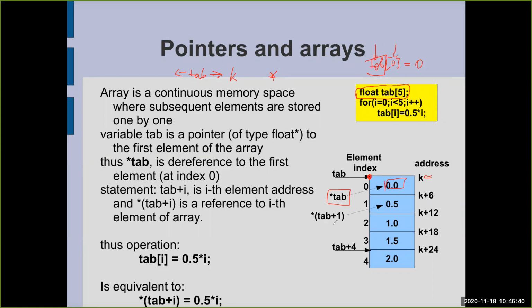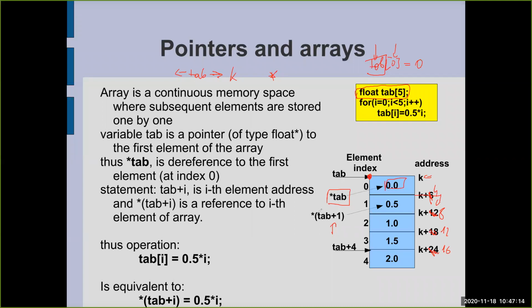But if you use, let's say, sum, so you use tab + 1, it means go to the next element, so to the element which follows the current. So it is equal to tab plus the size of float, so not 6, but 4, 8, 12, 16. So in this case, the address will be increased by 4.